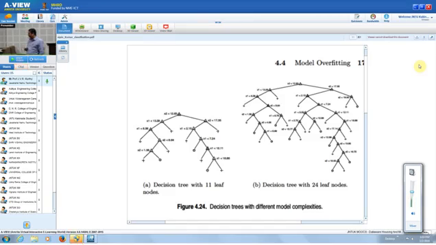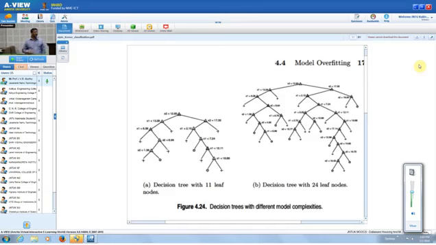Is it okay for you? Are you convinced with the logic? So hence, the overfitted tree may not accurately classify the new testing records. So you should be careful with the overfitting problem.